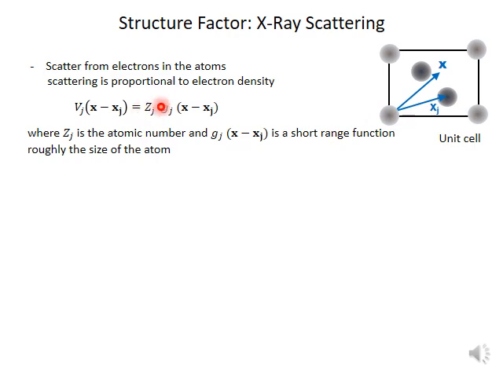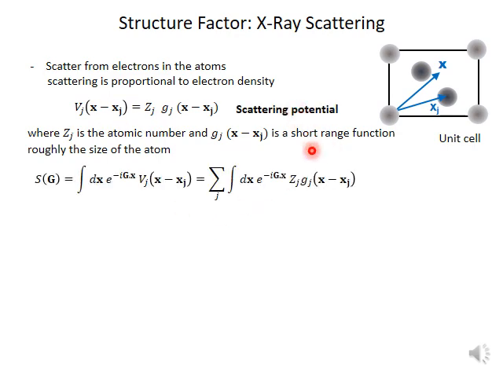So the larger the atomic number is, the larger the negative electronic charge on that atom, and the larger is the potential. Similarly, it matters how the electronic cloud is distributed around that jth atom, so the product of these two would give you the resultant scattering potential.